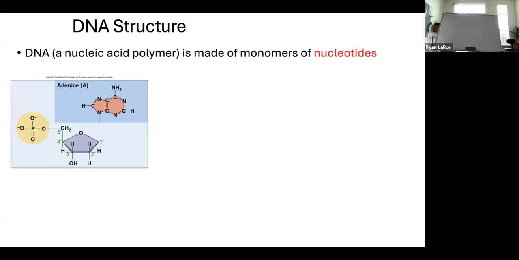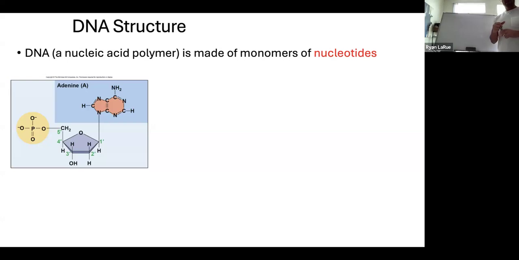And remember the idea with monomers and polymers is that the giant, large functional polymer form of these molecules like DNA, for example, they're made of hundreds to thousands, and in the case of DNA, really millions and millions of nucleotides connected to one another via covalent bonds.